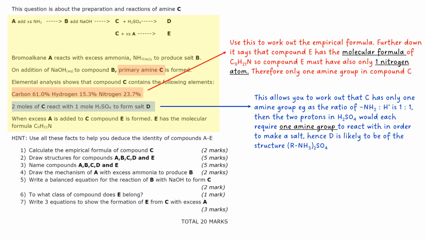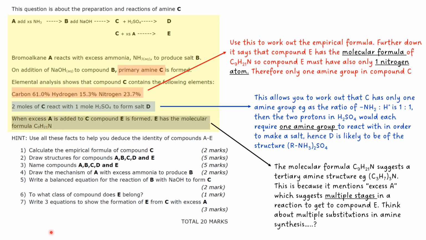So NH2 to H+ is 1-to-1, and there are two protons that can behave acidically in H2SO4. Each of them would require one amine group, so you're likely to need two amine groups for every sulfate. So the structure of D is going to be something along the lines of RNH3 twice, making the amine part, and then SO4 once, making the sulfate part. So we're looking at this sort of structure here.